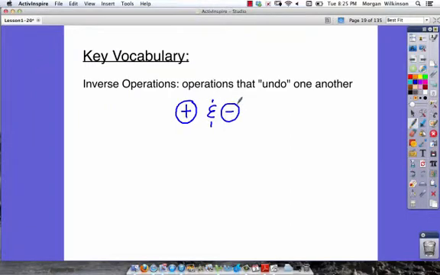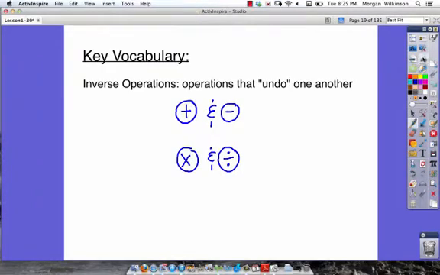Can you think of any other inverse operations other than addition and subtraction? Well, maybe you thought of multiplication and division, because multiplying and dividing can undo one another. Now when we work with inverse operations, it helps us to find missing numbers in problems. That's what the next part of this lesson is about when we talk about addition and subtraction patterns.